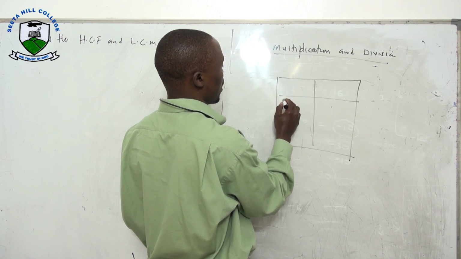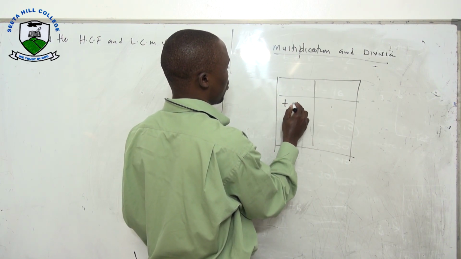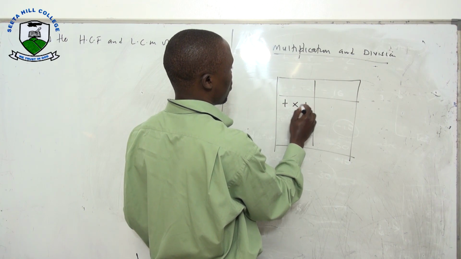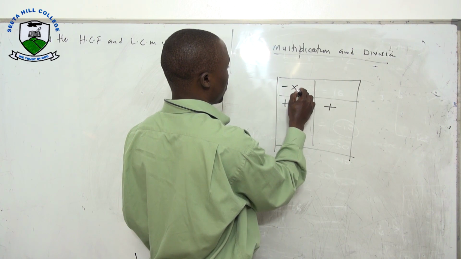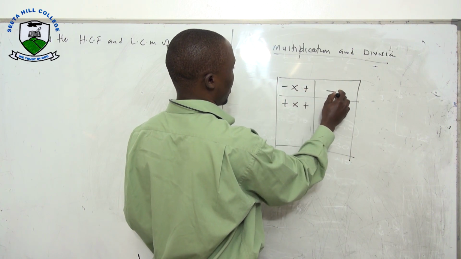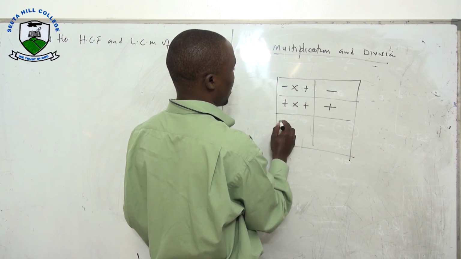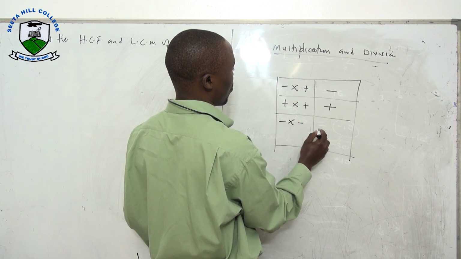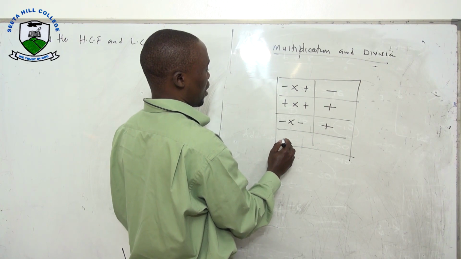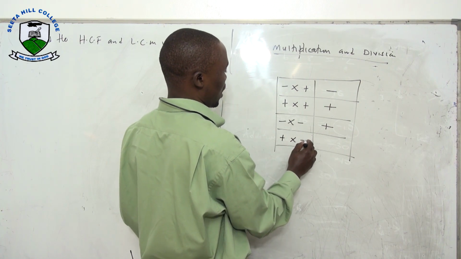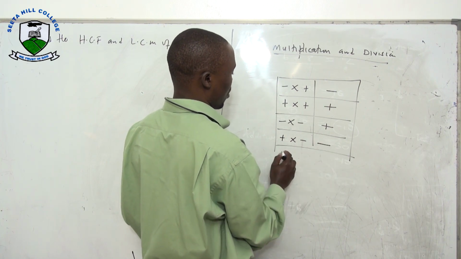Remind me, positive times a positive, you get positive. Negative times a positive, negative. Negative times a negative, positive. Okay. Then positive times negative, negative.